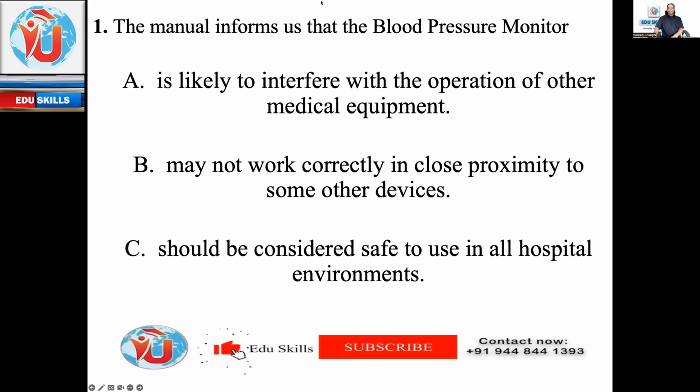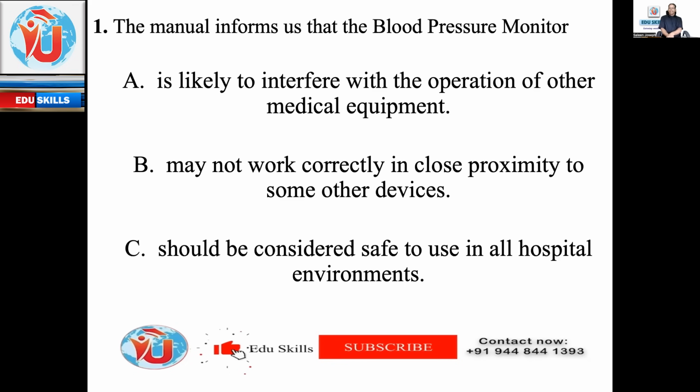Okay, we are going into one question statement now, as per the strategy we saw just now. The manual informs us that the blood pressure monitor, option A, is likely to interfere with the operation of other medical equipment. B, may not work correctly in close proximity to some other devices. C, should be considered safe to use in all hospital environments.